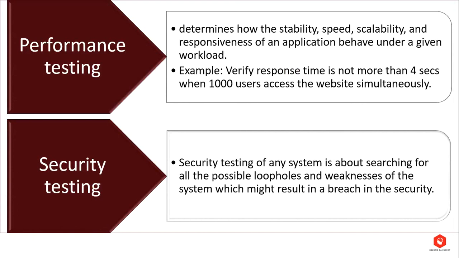Performance testing. It determines how the stability, the speed, scalability, and responsiveness of the application holds up under a given workload. It's a really important aspect of software quality, but unfortunately, it is often done once the functional testing is completed, and in most cases after the code is already done to be released.